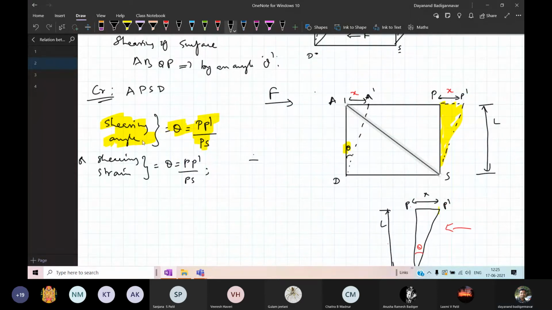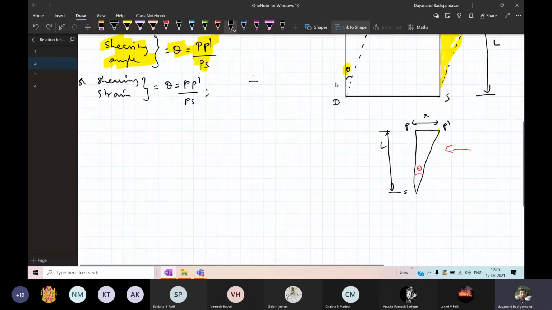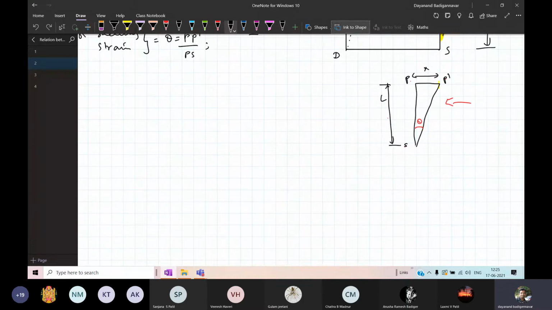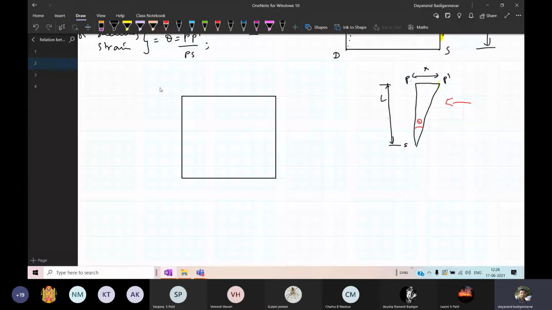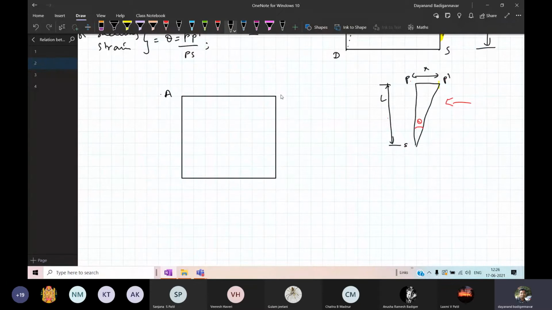Better I will draw a new diagram. I will take this one. I have a front face. I will take the front face like this. So this is A, this is P, this is S, this is D. This is a fixed one.